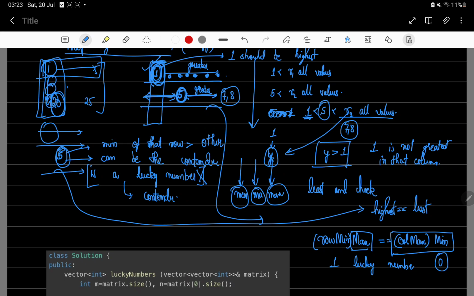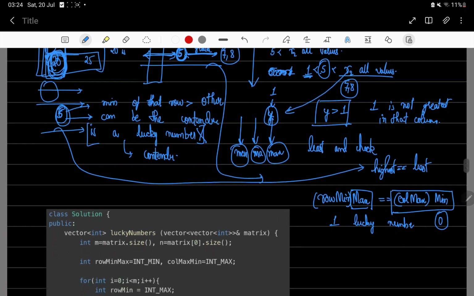So for this whole row this is the least, and this is the highest for the column. So we can say that 20 is our answer over here.